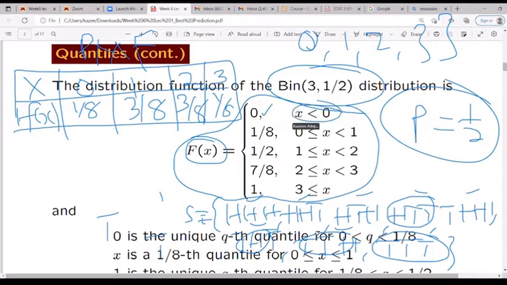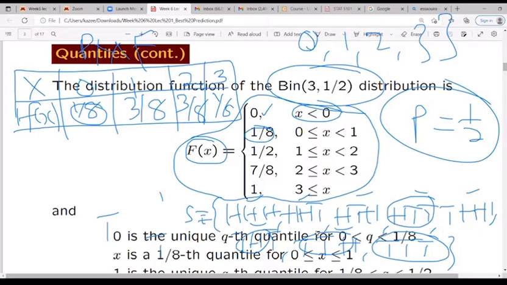And for X between 0 and 1, it is going to be 1/8, as you can see. X greater or equal to 0 but less than 1, that will be 1/8. I want you to take note of that.